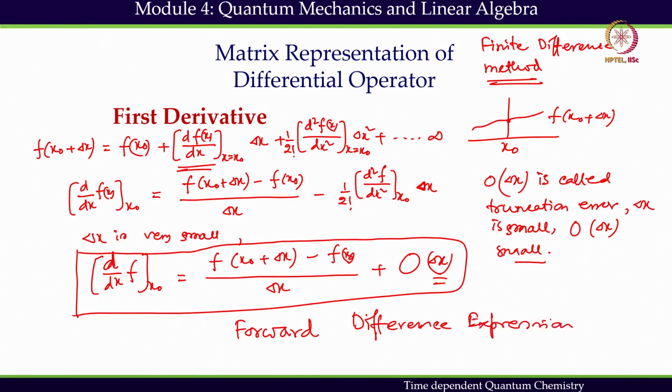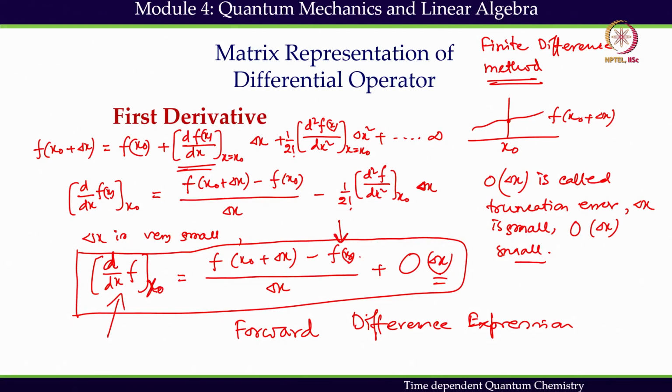Why is this the forward difference expression? Because we need the function value in order to find this first derivative of the function. I need the function value where we are interested in finding the derivative, because the derivative is being calculated at x naught. So, the function value I need at x naught.